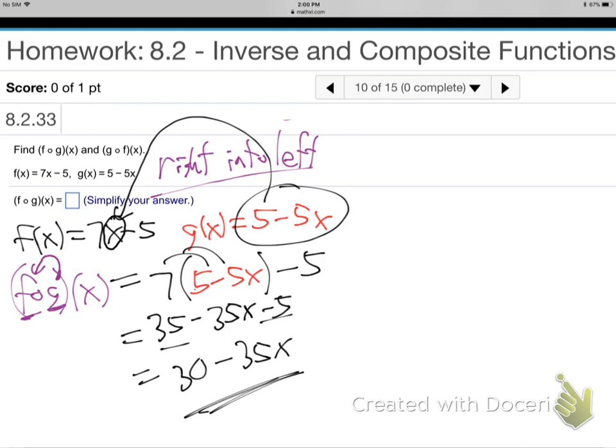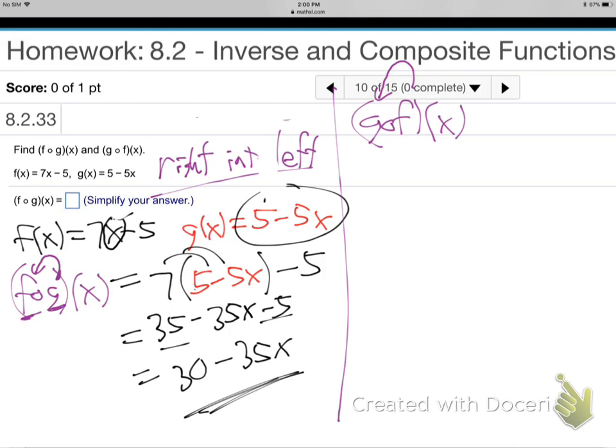Now, they want us to go vice versa. So over here, they're going to now say, give me g o f, which means, remember, functions are always right into left. So that means f plugs into g this time. So f plugs into g. So go the other way now.